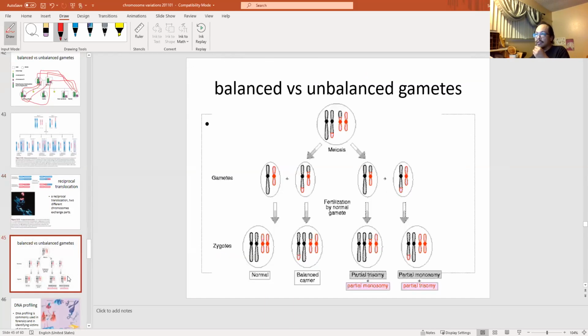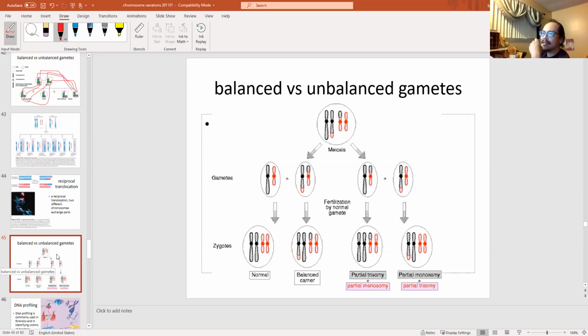This can also lead to a balanced carrier, but it can also lead to a non-balanced partial trisomy of one and partial monosomy of the other, not exact, since this one still provides some portion. All right, so we basically complete all these chromosome abnormalities.